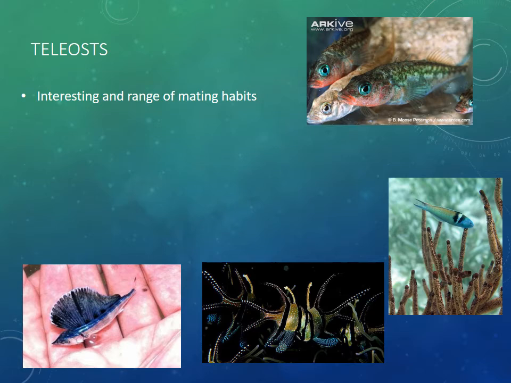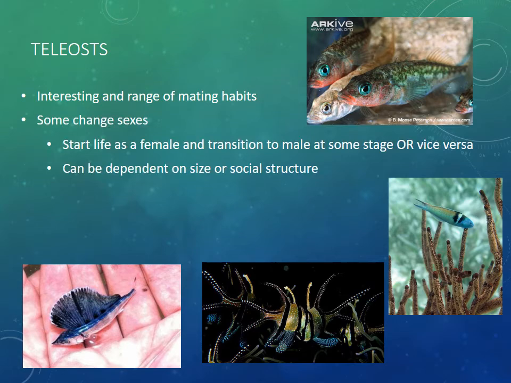Some very interesting things. One of them, I mentioned this earlier, can change sex. And so they can start life as a female, transition to a male at some point, or vice versa. And it can depend on the social structure that the community lives in, or it can be based on size. So for some fish, they'll start off female, then once they reach a certain size, they'll change to a male. The idea is, once you reach a certain size threshold, you'll have a higher number of offspring chances by changing to a male, which is releasing sperm everywhere, rather than dealing with the whole egg business, which are a little more costly to make.